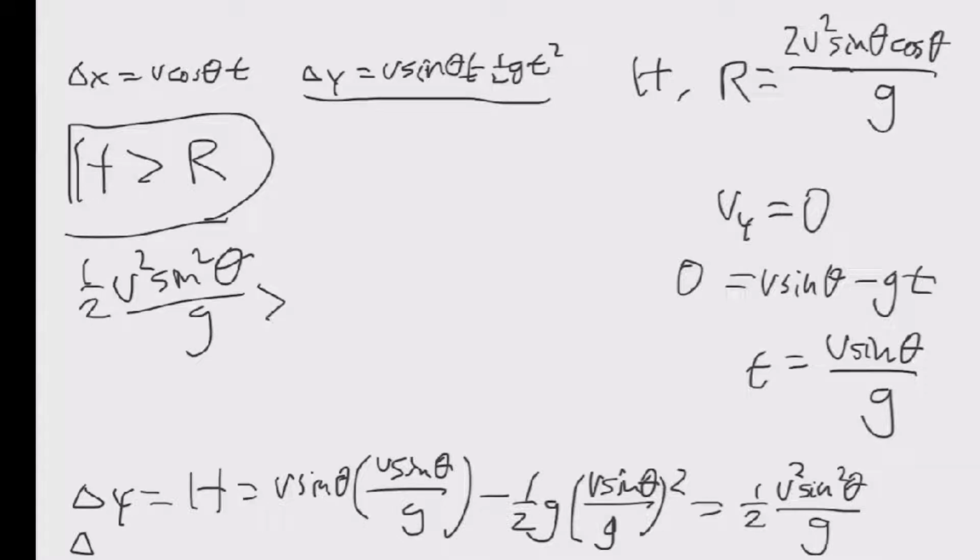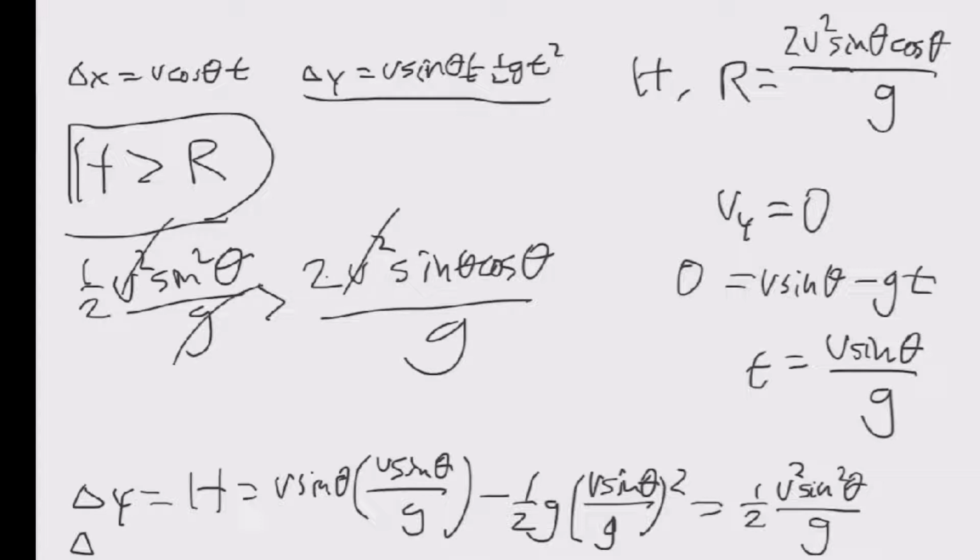And we know our r, it's 2v squared sine theta cosine theta over g. Now you can probably see why I wrote it that way, because the v squareds cancel out, the g's cancel out, and the sine thetas cancel out. So what are we left with?